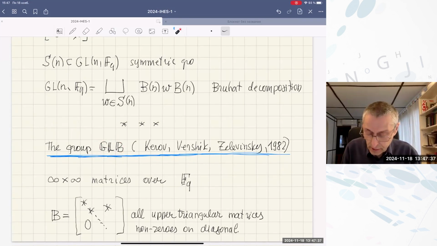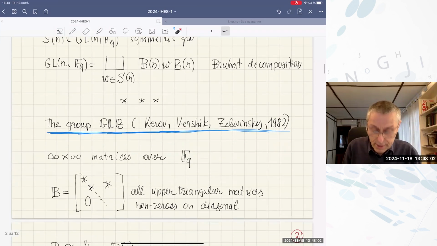According to some note of Anatoly Moiseyevich, it was invented probably in a discussion between Sergei Vasilyevich Kerov, Andrei Zelevinsky, and Anatoly Moiseyevich.